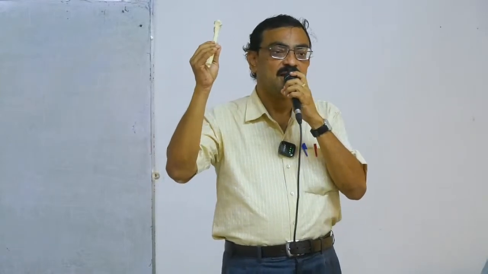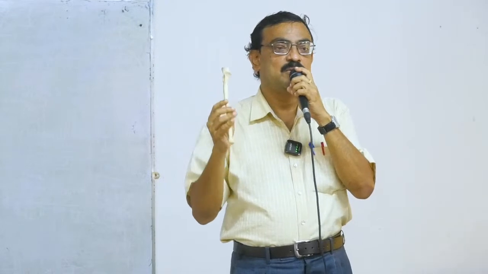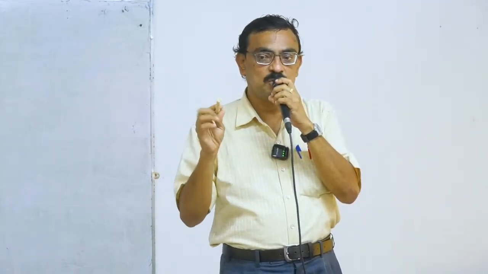This is ulna. Now, in the forearm, there are two bones, one is radius and one is ulna.